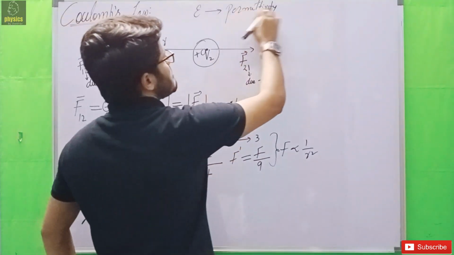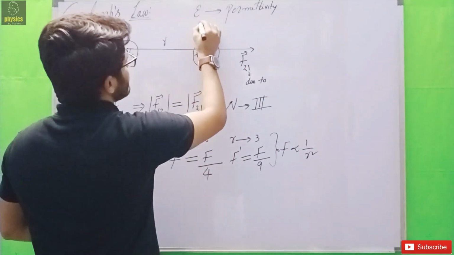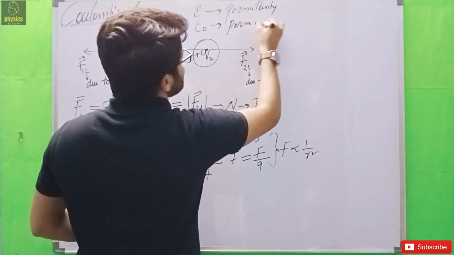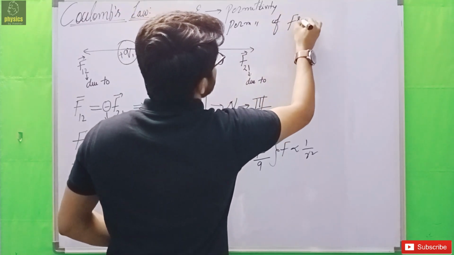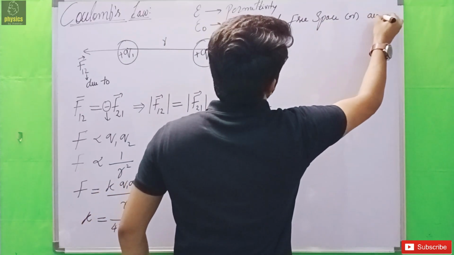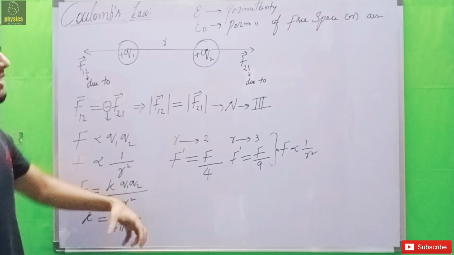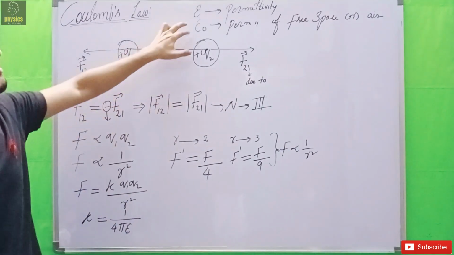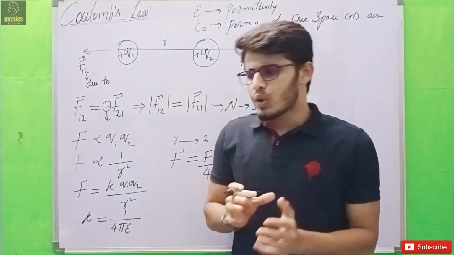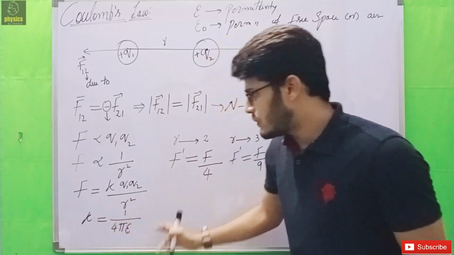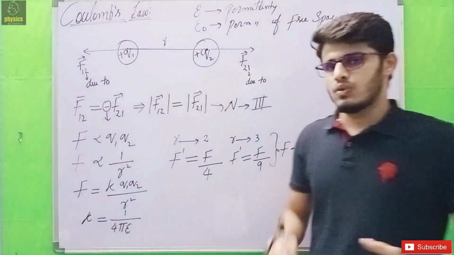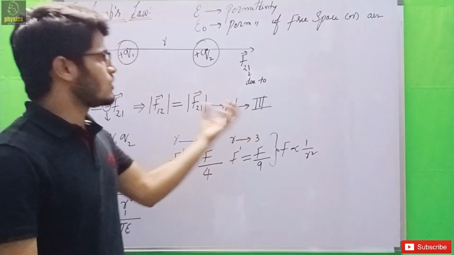The epsilon is the permittivity, and there's one more thing called epsilon naught, which is the permittivity of free space or air. For free space or air, this epsilon value will be epsilon naught. What is the importance of taking this constant into this equation? How is this constant going to help me find the force on the charged particles?